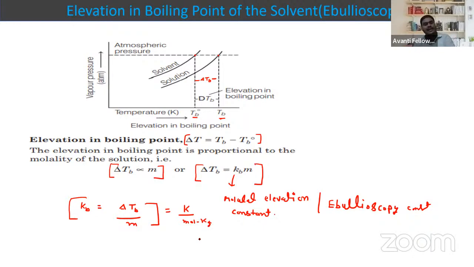So we can easily calculate the unit as Kelvin upon mole per kilogram. So this is how we can find the elevation in boiling point constant. I hope this is clear to you.